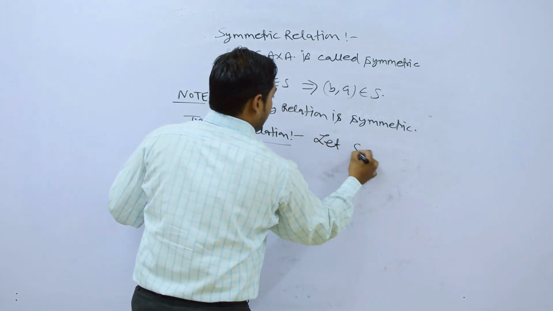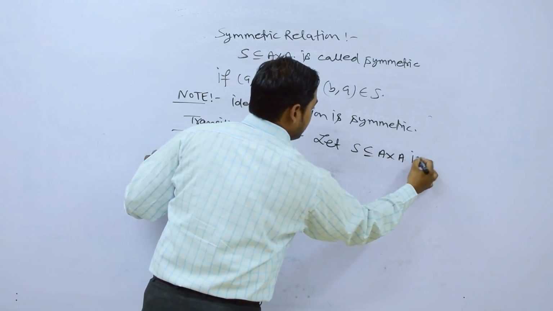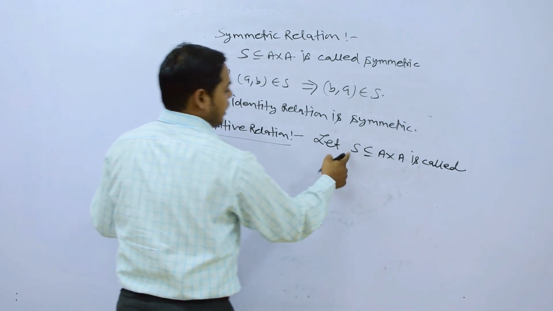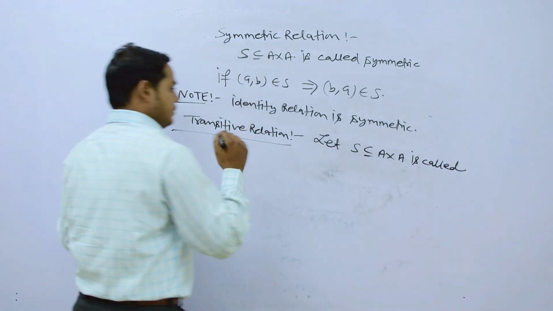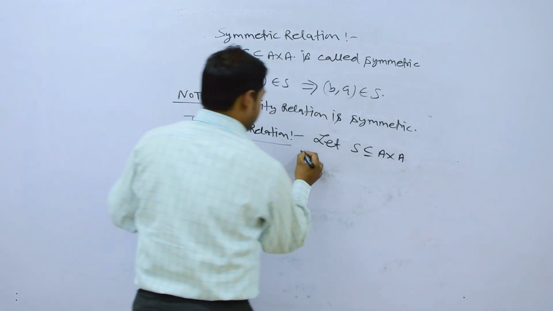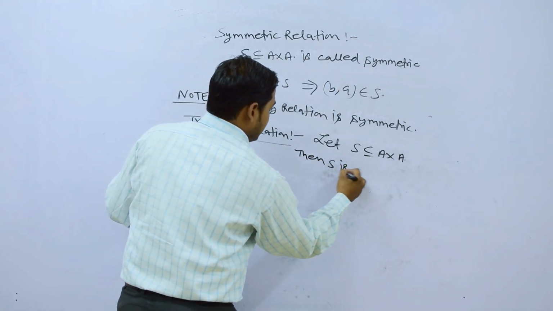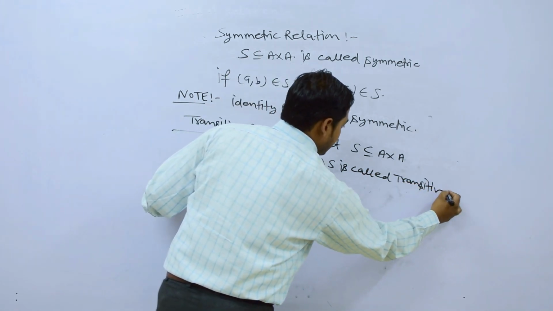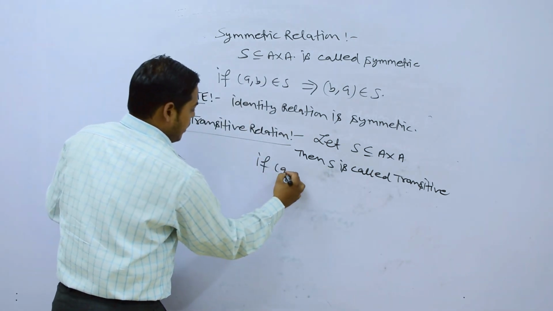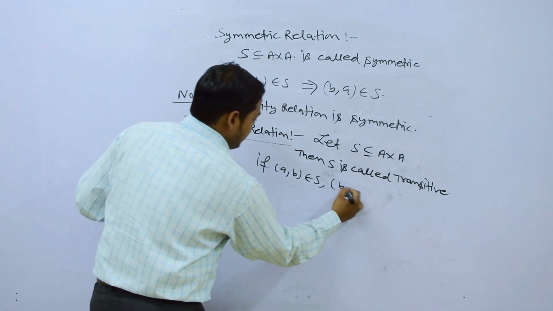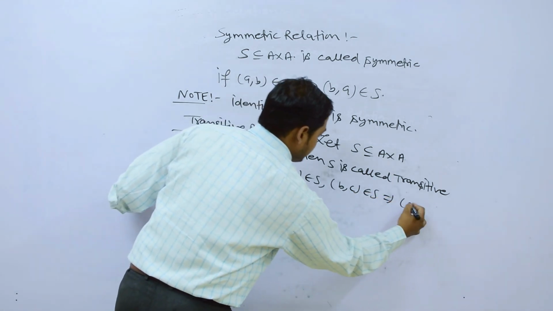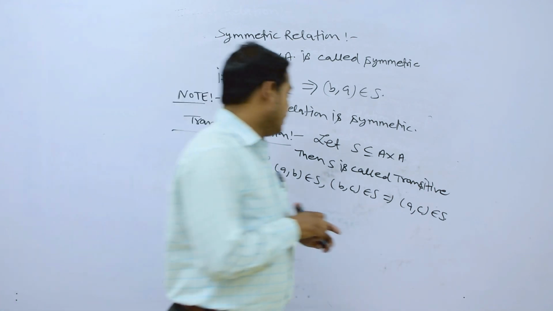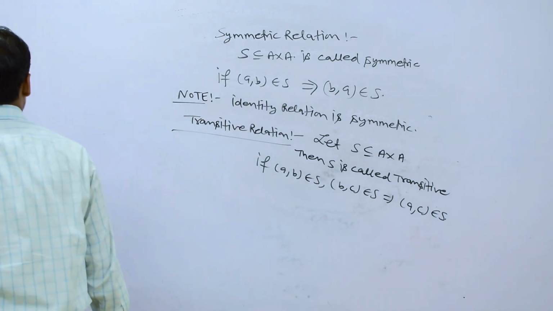Let S be a subset of A cross A. Then S is called transitive if (a,b) belongs to S and (b,c) belongs to S implies (a,c) belongs to S. Then such a relation is called transitive relation.